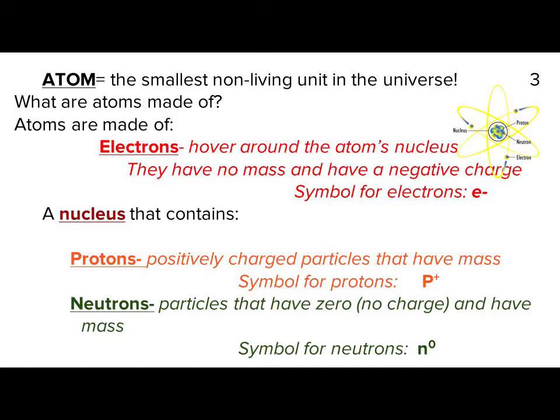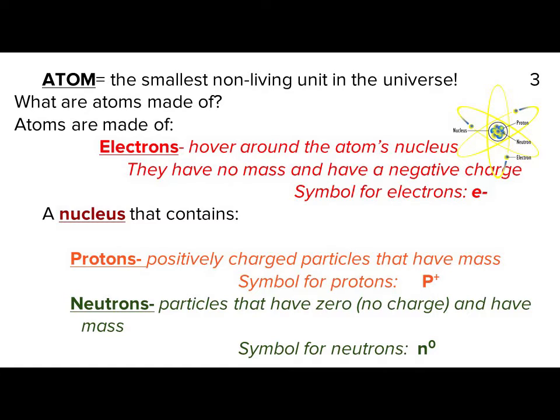We talked about the atom, the smallest non-living unit in the universe. What are atoms made of? Electrons, which hover around the atom's nucleus, have no mass and have a negative charge. The symbol for electrons is a small e with a negative sign.